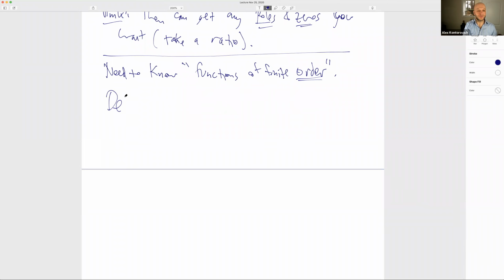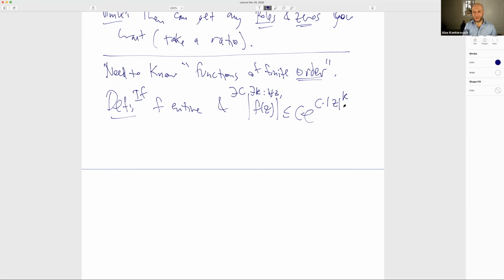So definition: f is entire, and the absolute value of f(z) is bounded by e to some constant times |z| to some power. So if f is entire and there exists a c and there exists a k so that for all z we have something like this, then f has order less than or equal to k.